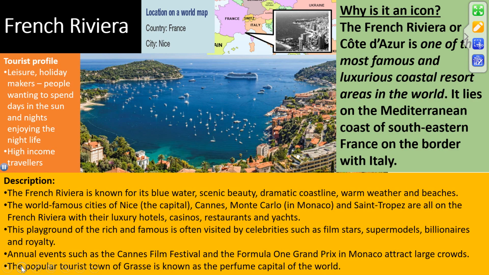And as I mentioned earlier, you will also have to save up quite a lot of money because, as with Venice, the French Riviera is a destination for high-income travelers. So before going off to the French Riviera, save your pennies.